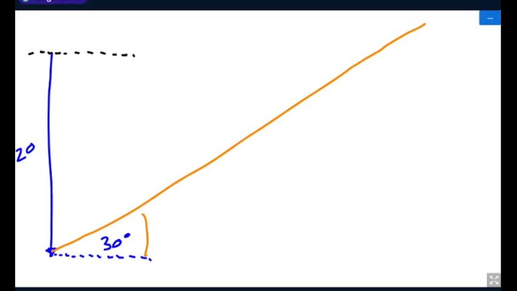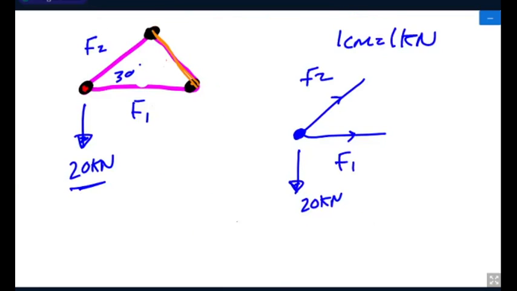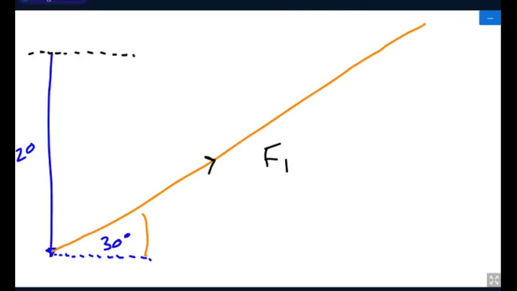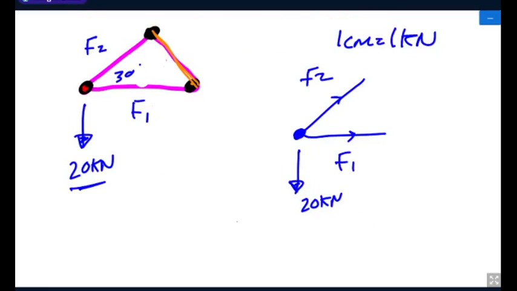So there's F1, and that way past. And then the last one, that's F2 in this one. And then we know F1 is coming straight.